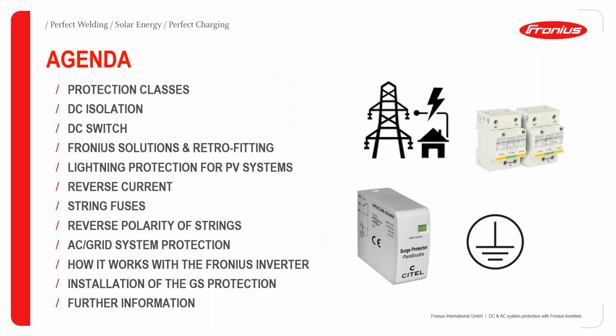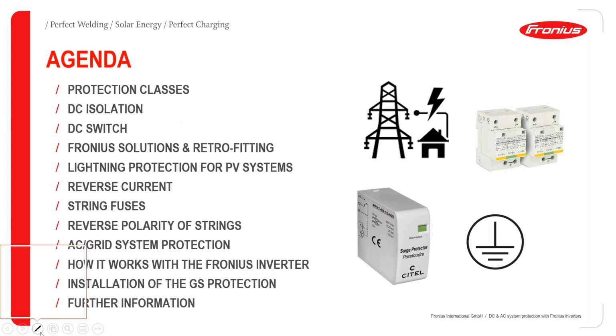Today's agenda looks as follows. We will talk about protection classes. We will also look at DC isolation, then we go to the DC switch. We look at the Fronius solutions and the possibilities of retrofitting, the various solutions that are available from Fronius. We will also have an overview on lightning protection for PV systems.